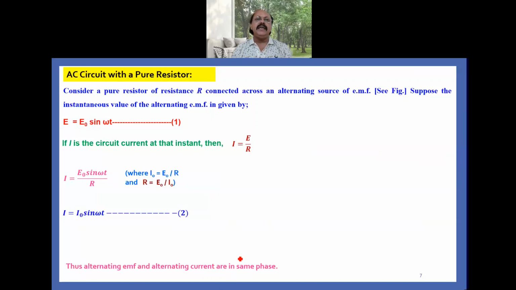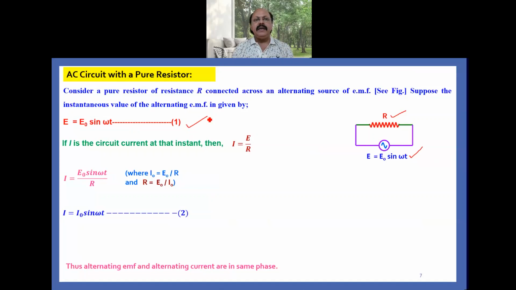Now we take another topic, AC circuit with a pure resistor. It means an AC circuit in which only the resistor is there, no other components. In that condition, we consider a pure resistor of resistance R, as you can see in the diagram, connected to an alternating source of EMF E equal to E naught sine omega t, marked as equation number 1.